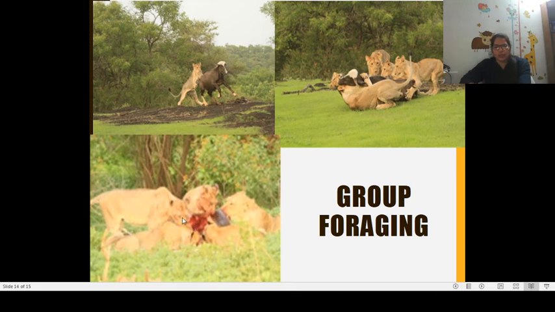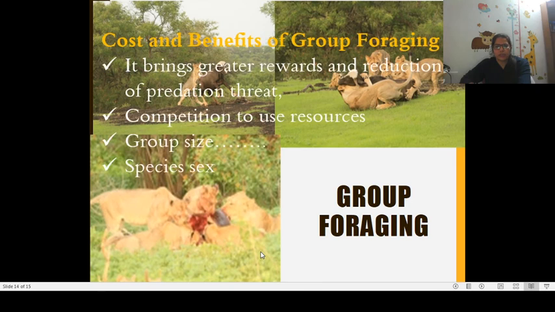In the third picture, all individuals are eating their share, but as per the costs and benefits, it brings greater rewards and reduction of predation threat.